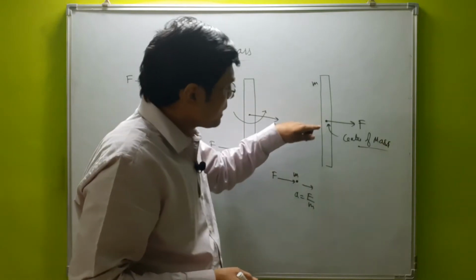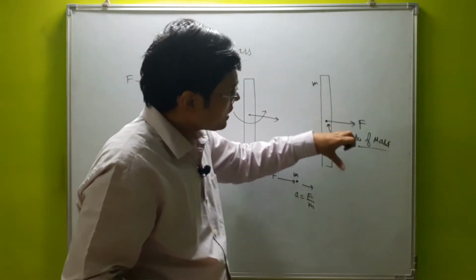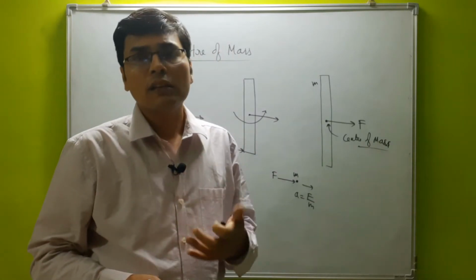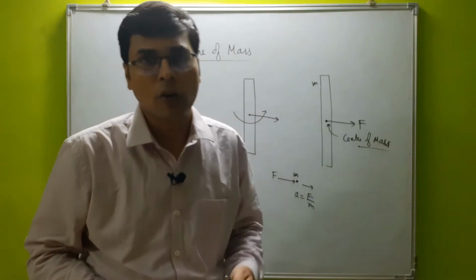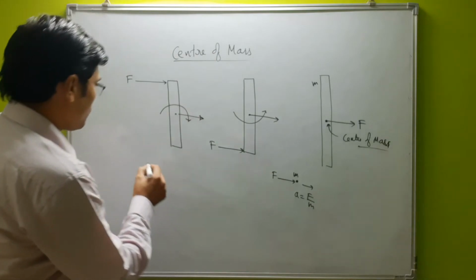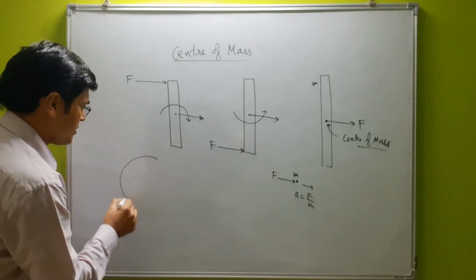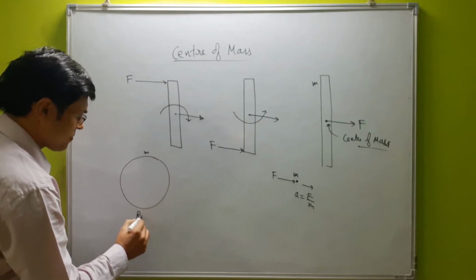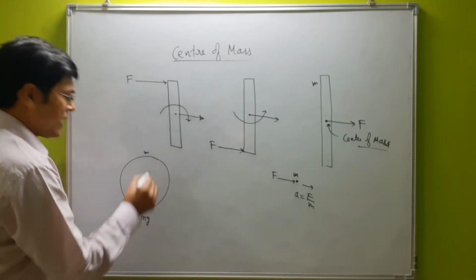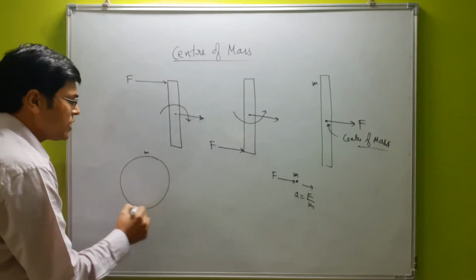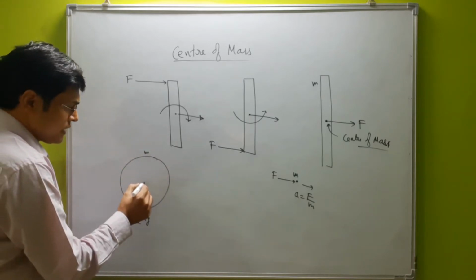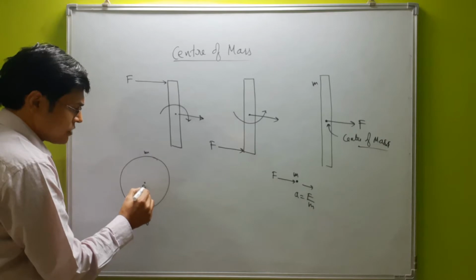This example is basically one in which the center of mass is inside of the body, right? Let's take an example where the center of mass is outside of the body. For example, suppose we have a ring over here. The entire mass is placed over the circumference of this ring, but here the center of mass lies at its geometrical center.